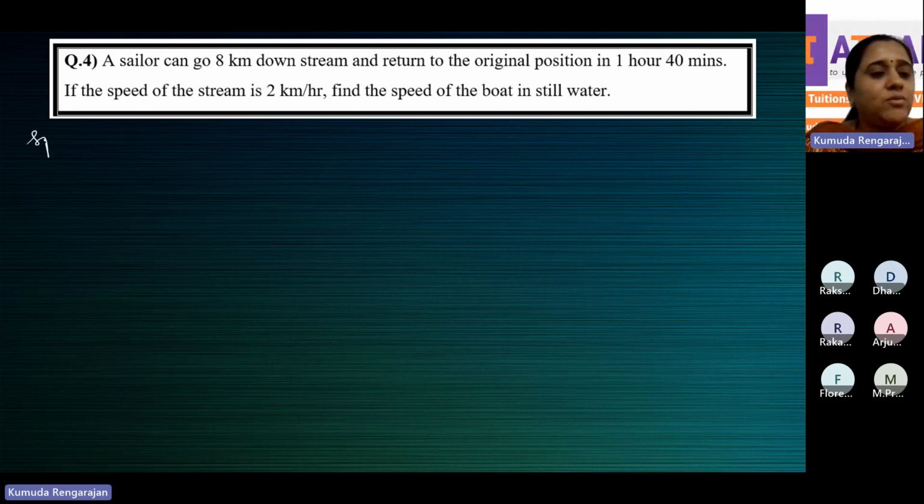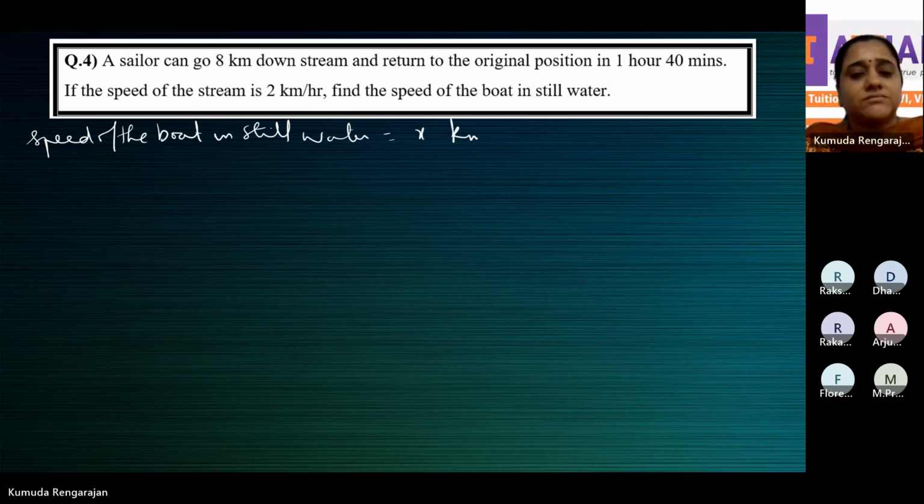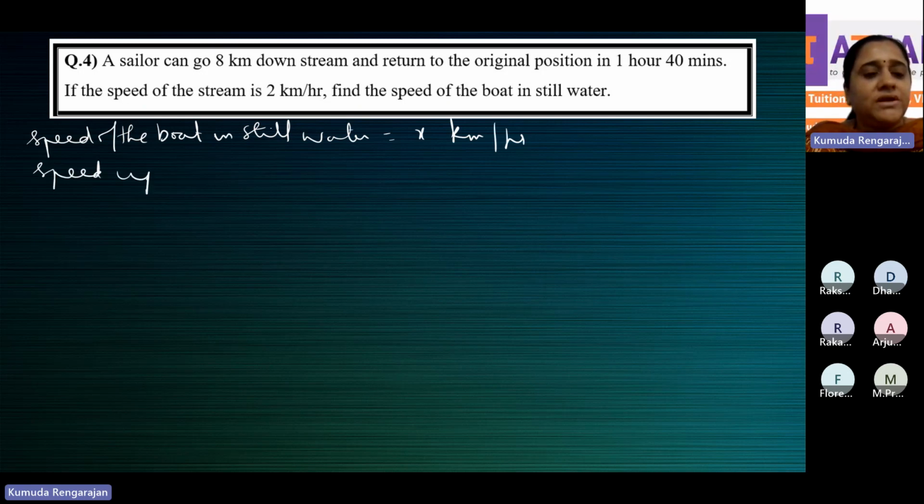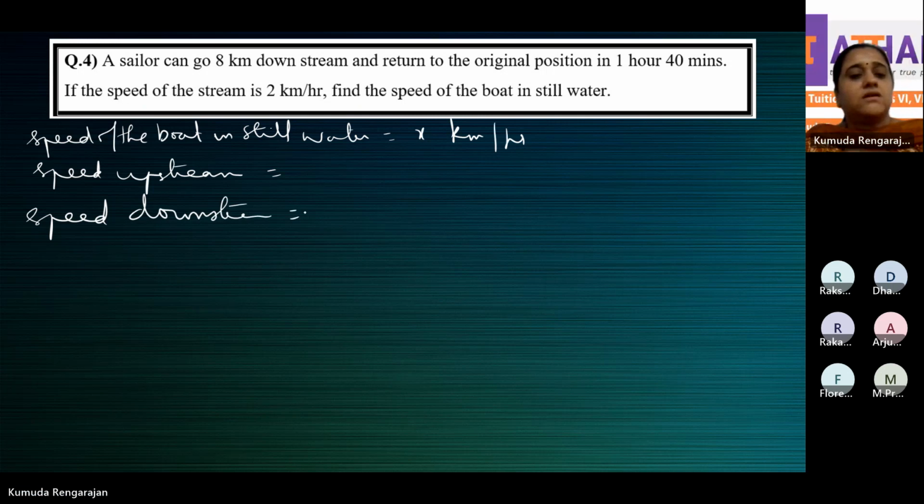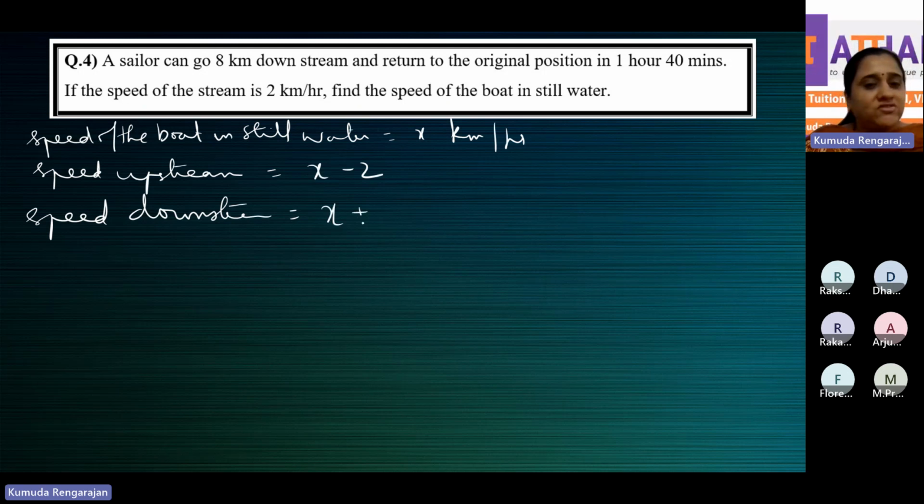So we'll assume the speed of the boat in still water as x kilometers per hour. Then what will be the speed upstream and downstream? Speed upstream will be x minus 2 and speed downstream will be x plus 2.